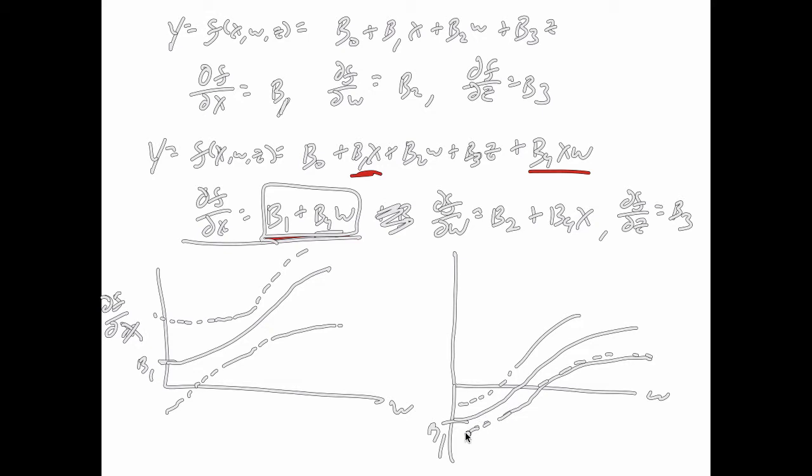That not only tells you that the marginal effect of x on y is changing, but actually flips sign. When w is low, the marginal effect of x on y is negative, but when it's high, it's positive. And that's a really important substantive meaning. So it's really important to understand properly how to deal with these interaction terms.